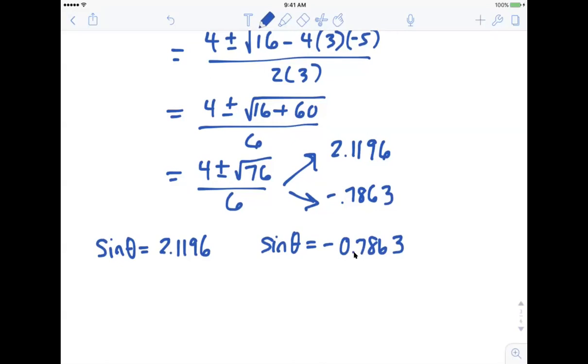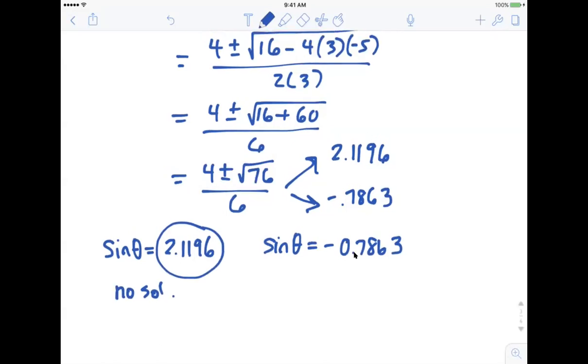Now, hey, look at this one. Sine equal 2 is not possible, right? This number always has to be between 1 and negative 1. So this one has no solution on this side. So we're done with that branch. So really our answers are going to come from the other one. Sine theta equals negative 0.7863.